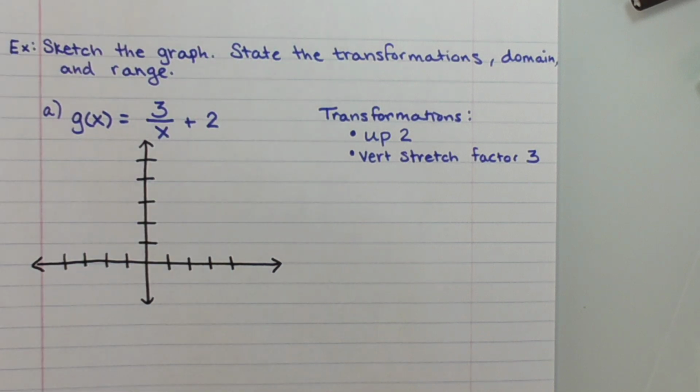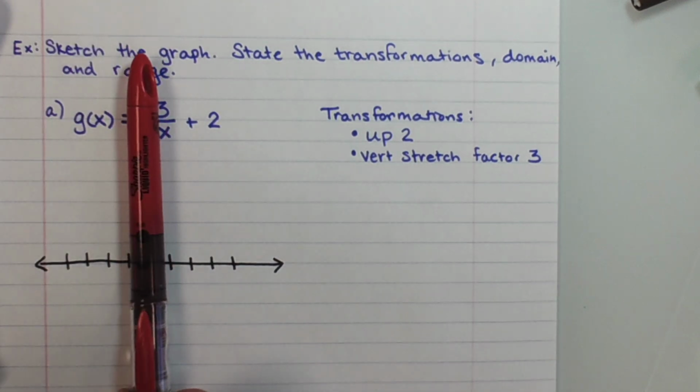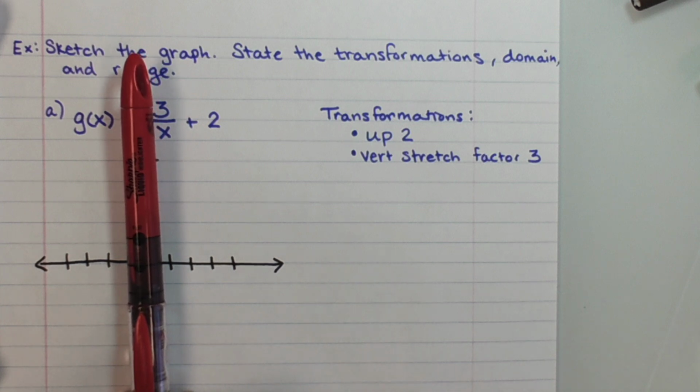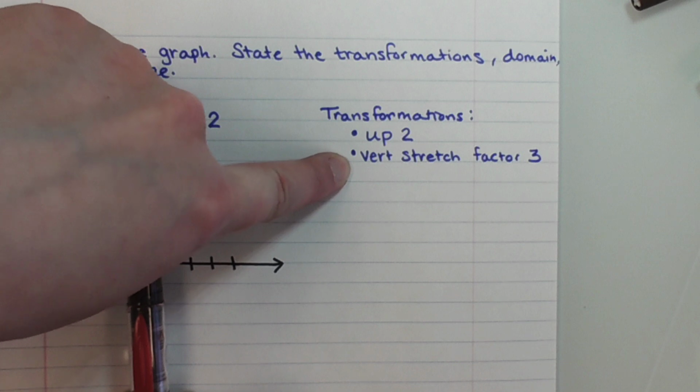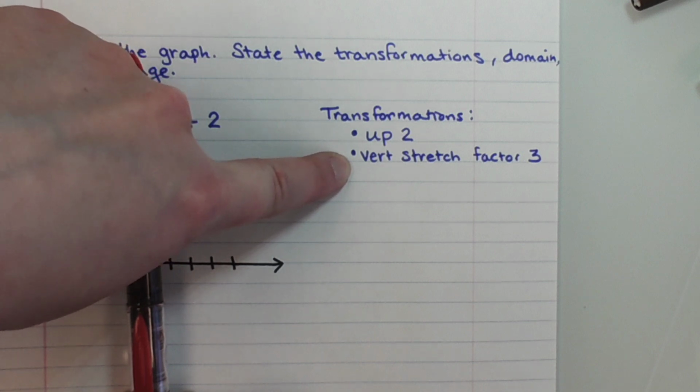When you're graphing these, the first thing you should graph are the asymptotes. The asymptotes should be dotted lines, one vertical, one horizontal. Now a vertical line traditionally starts here on the y-axis. You're not going to notice a stretch or a shrink. You're not going to notice a reflection.